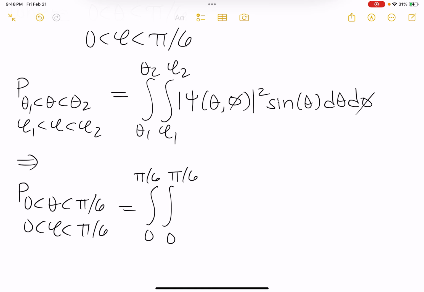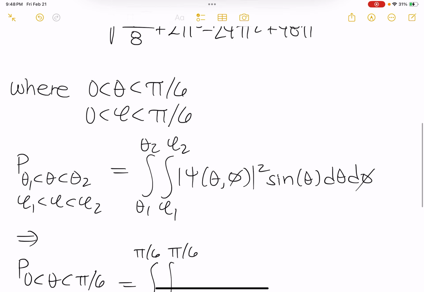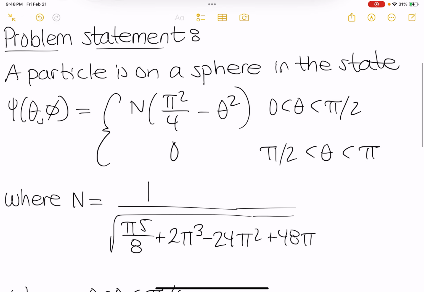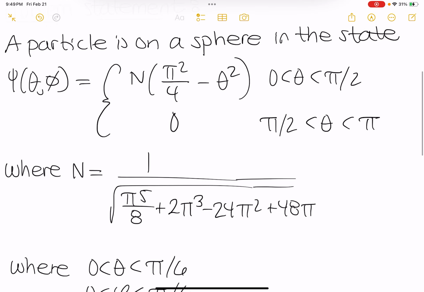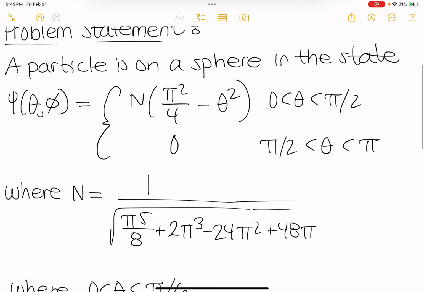Well, in this specific region, the state is defined to be N times (pi squared over 4 minus theta squared). Now, there aren't any complex terms in this expression, so when we take the square modulus, we don't need to flip any signs.